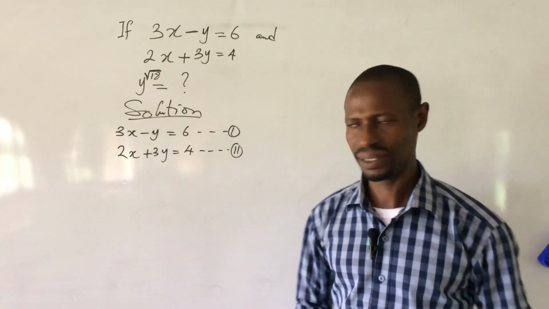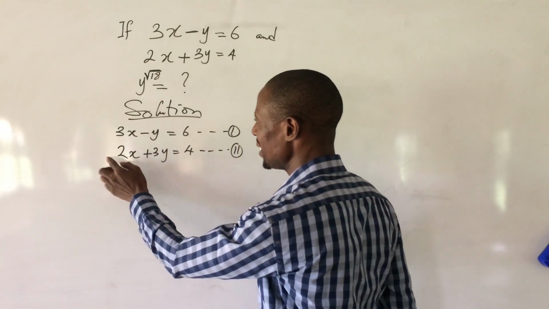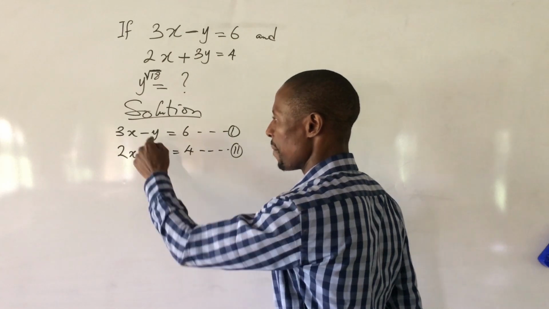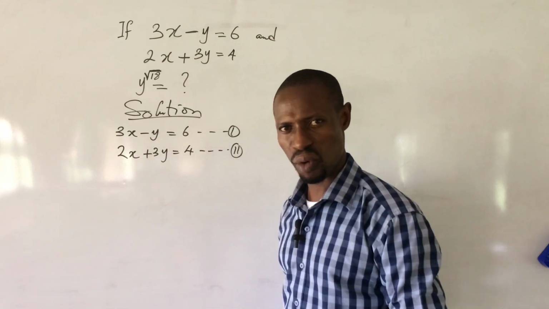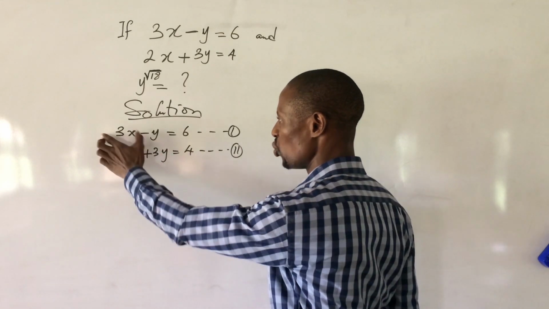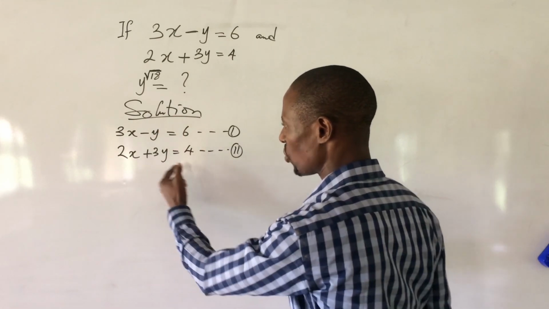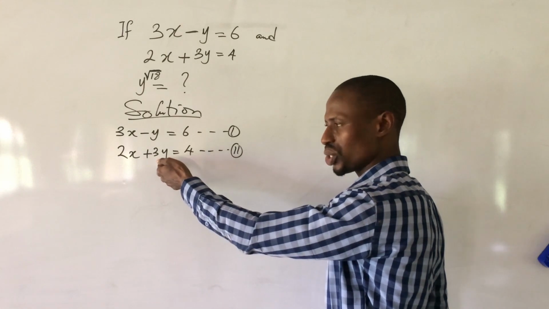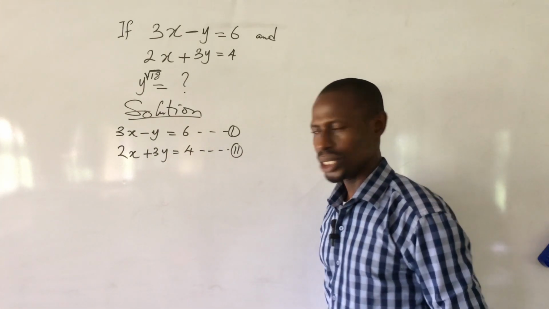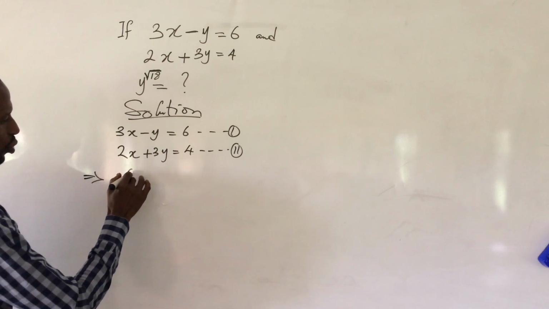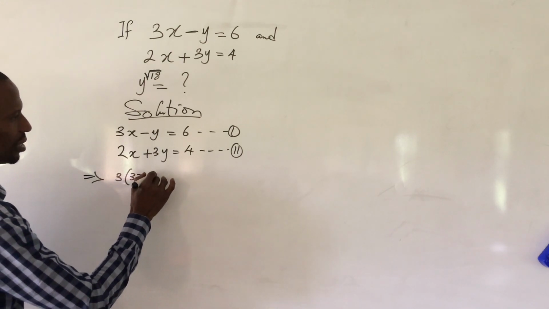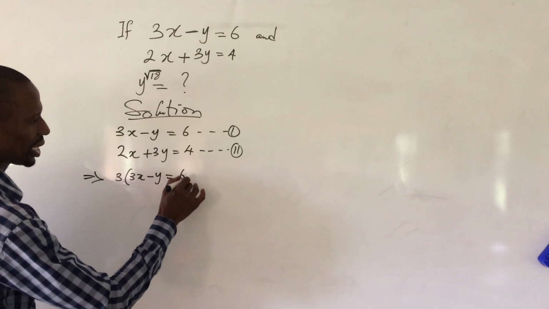And how do we achieve that? We multiply the whole of equation 2 by the coefficient of y in equation 1, which is invisible 1. Then we multiply the whole of equation 1 by the coefficient of y in equation 2, which is 3. So this now implies 3 into 3x minus y equal to 6.